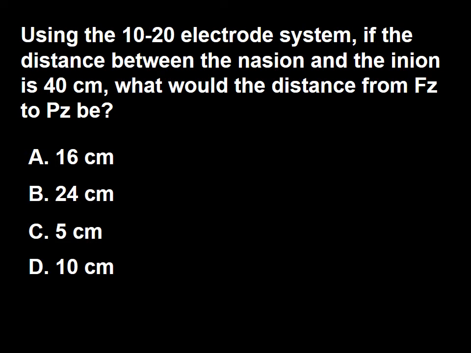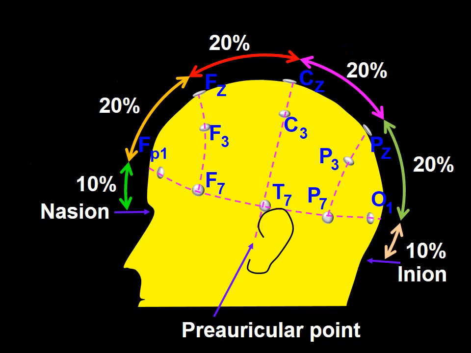Using the 10-20 electrode system, if the distance between the nasion and the inion is 40 centimeters, what would the distance from Fz to Pz be? A, 16 centimeters; B, 24 centimeters; C, 5 centimeters; D, 10 centimeters.